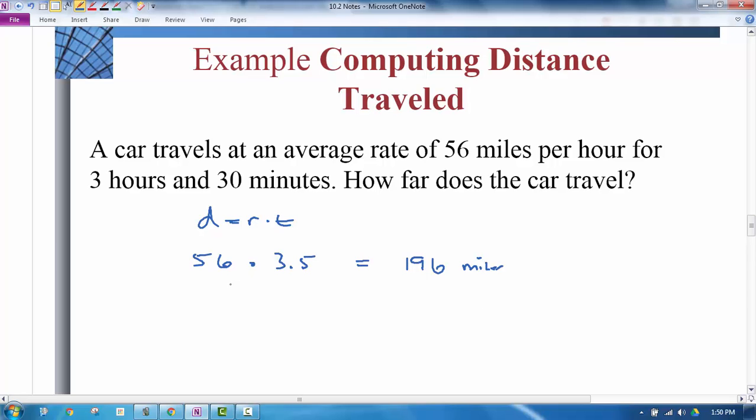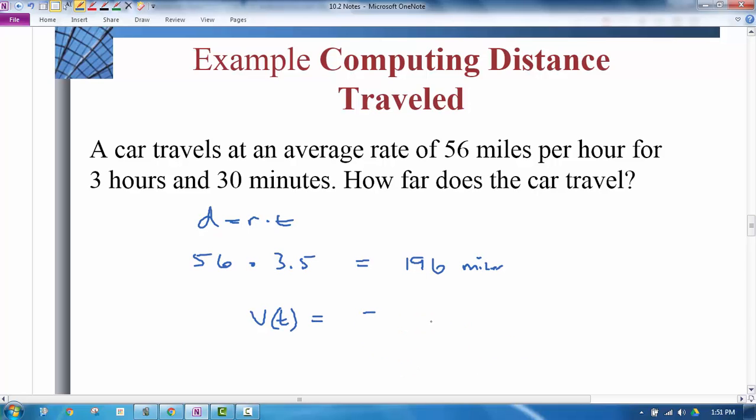Now let's do that problem a little bit differently. Let's write an equation. Let's write a velocity function. The velocity time function is just 56.